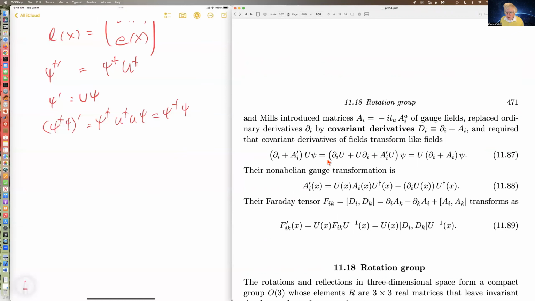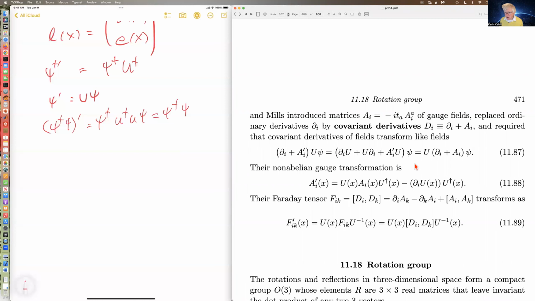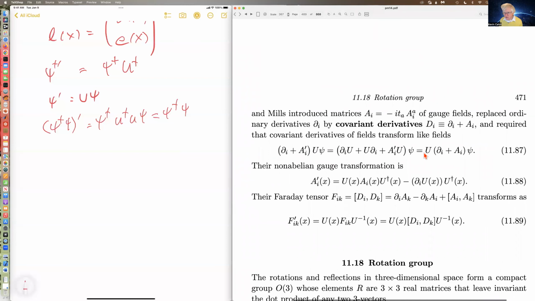And they then required that the transformed covariant derivative, and that's why there's a prime here, times the transformed field be equal to U, the transformation acting on the covariant derivative. Okay, so this is the covariant derivative after the gauge transformation.